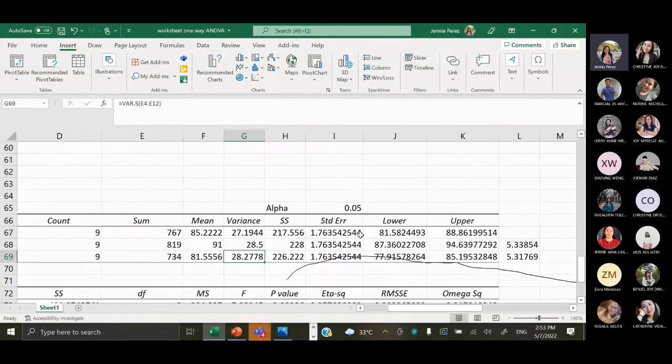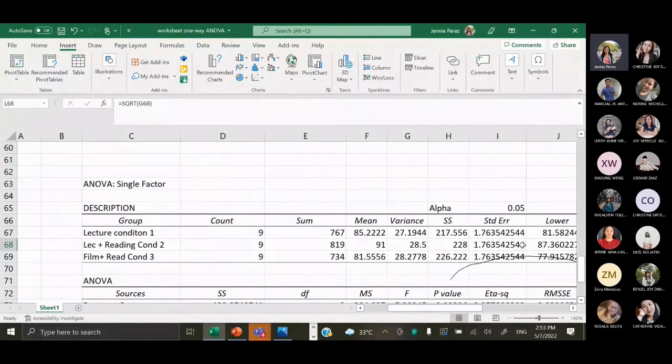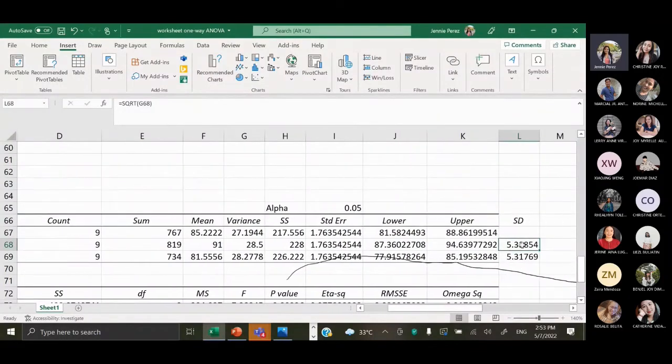You just get the square root of the variance, then you have the SD, just like this. Ito, this is the SD. I manually computed for this. The SD for the condition 2 is 5.33. I got this by this formula, square root of SLG68.